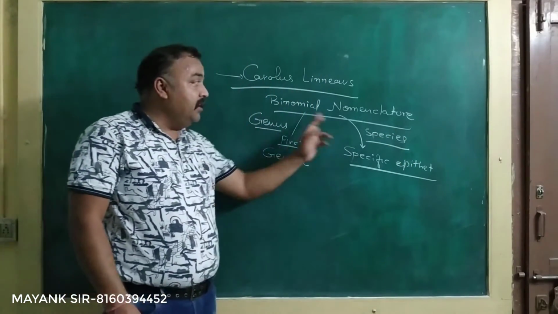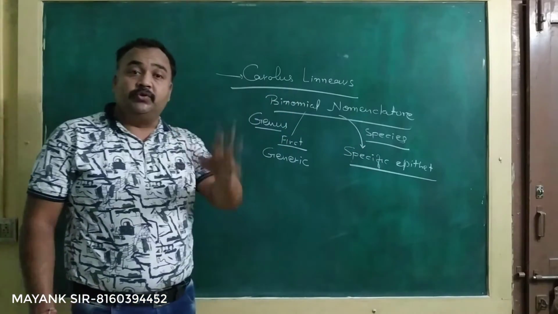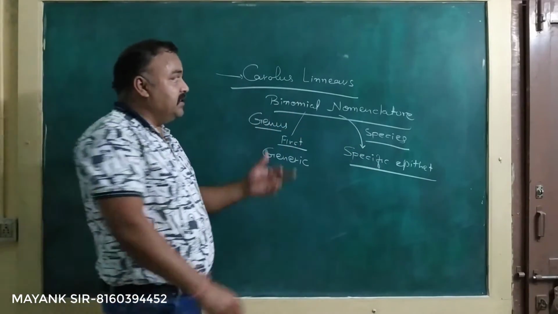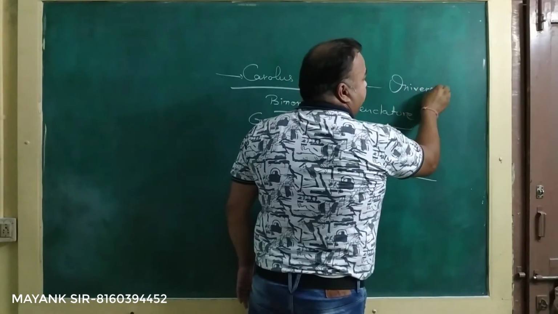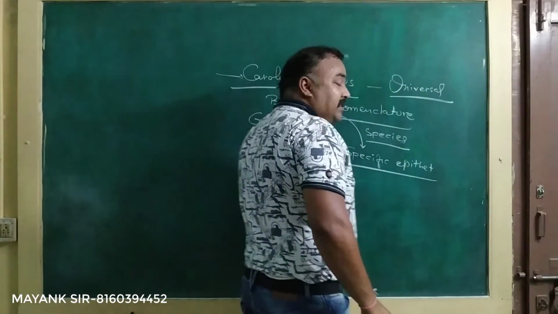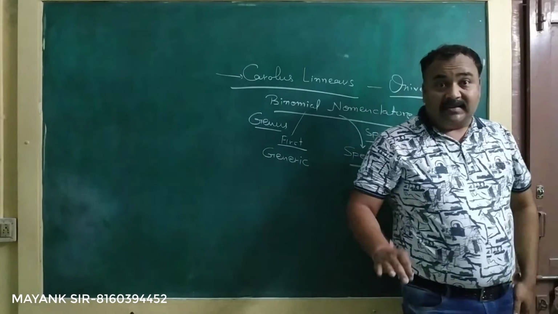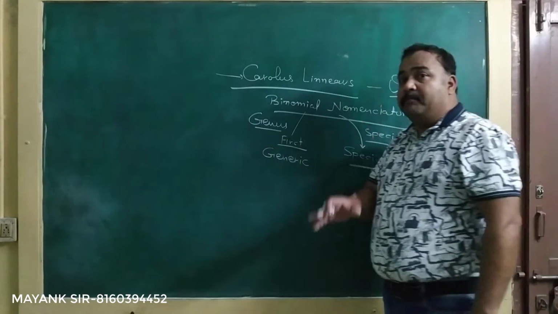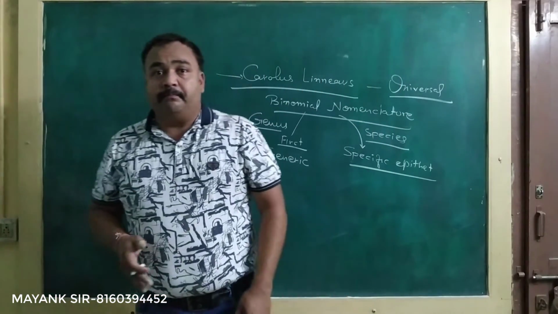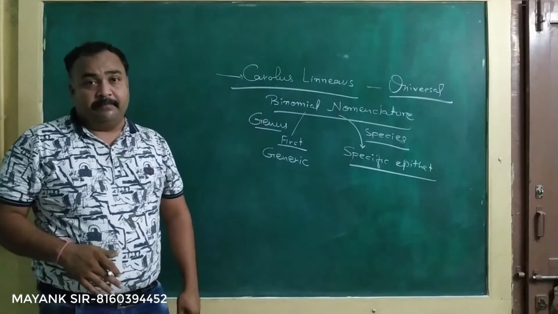So every living organism is provided with two names, and this name will be universal. That means in the world, not a single other organism will be provided with the same name which is given to a pre-existing organism.